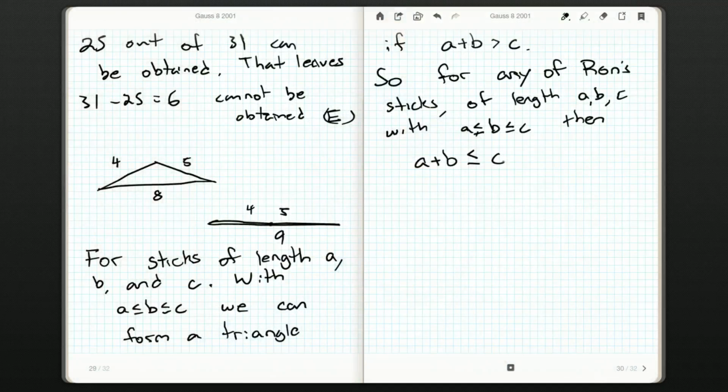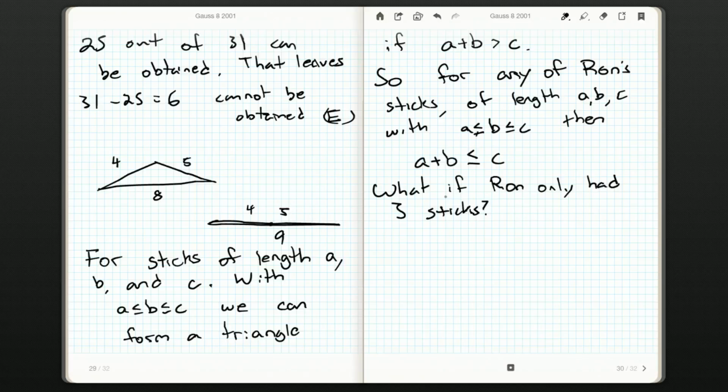We're retaining the essence by asking, what if Ron only had 3 sticks? Well, we know that each one has a positive integer length. So, for 3 sticks, you know what?